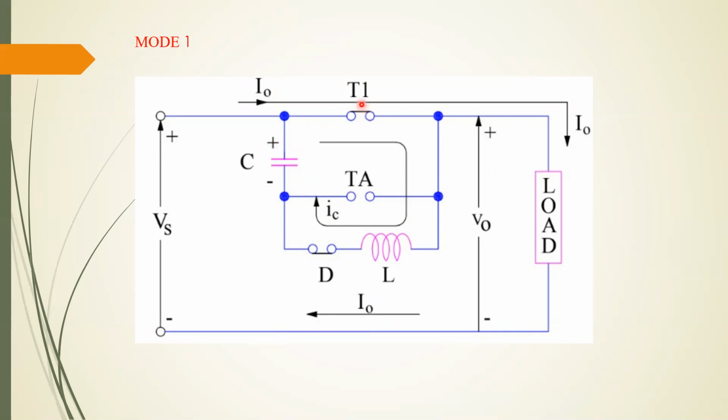Whenever T1 is on, the charging current flows through the auxiliary circuit, that is from plus C to T1, T1 to L, L to the diode. This charging current is carried by the diode and this completes the path. The current will flow through this circuit until the capacitor reaches minus VS, that is, until it is fully discharged.